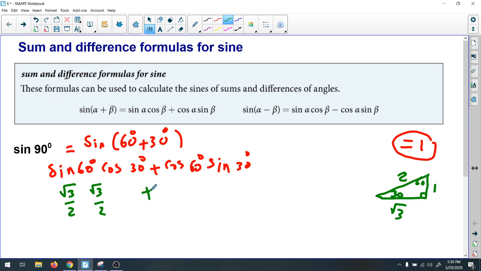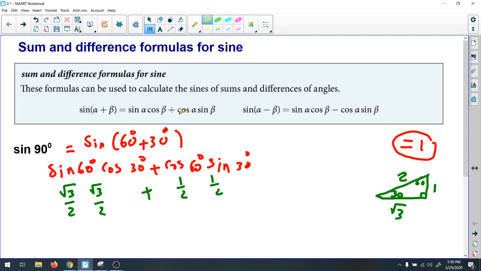The total of 30 and 60 is 90, we call them complementary angles, cofunction ratio. Cosine of 60 is the adjacent, which is 1 over 2. It's a half. And the same with sine. Sine of 30 is a half. Most of you know it.